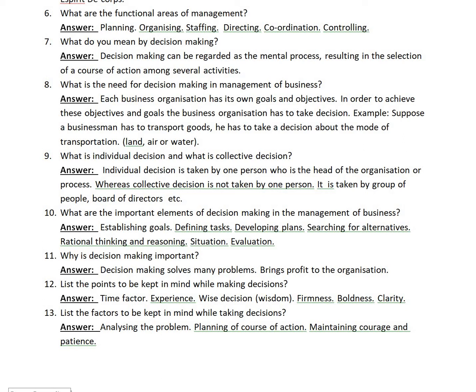What is the need for decision making? Each business organization has its own goals and objectives. In order to achieve those goals and objectives, the business organization has to take decisions. Suppose you want to transport goods, then you can take whichever mode you want.